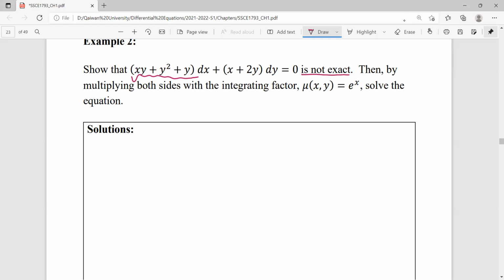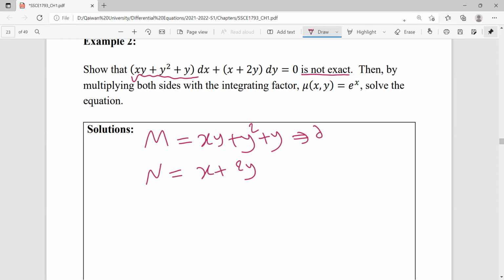That means we should test for exactness and show that partial m by partial y doesn't equal partial n by partial x. So here m is xy plus y squared plus y, and n is x plus 2y.